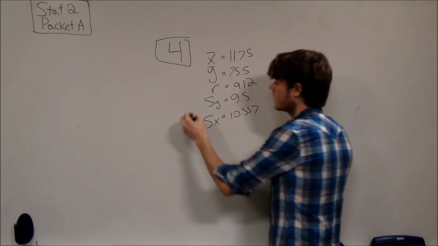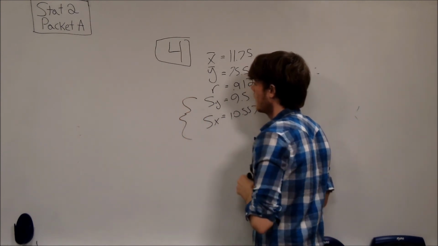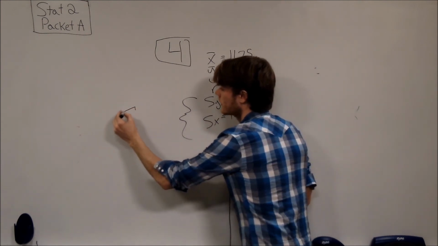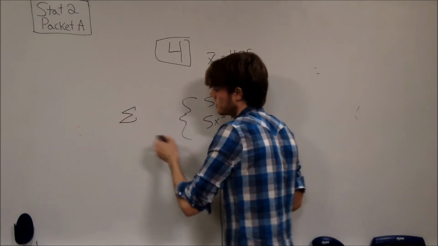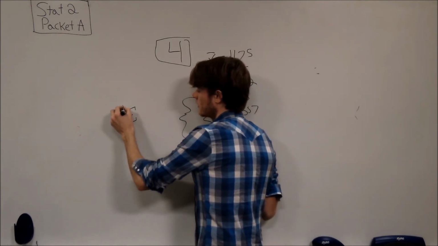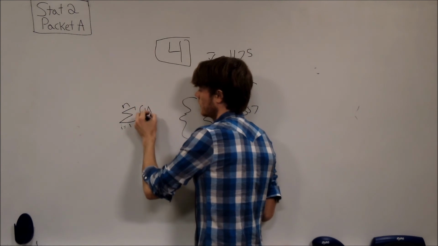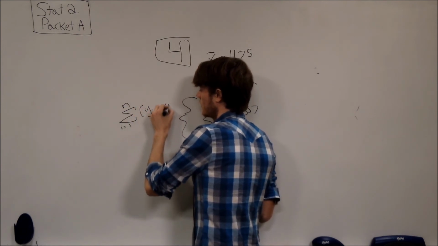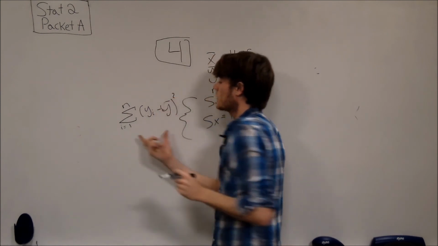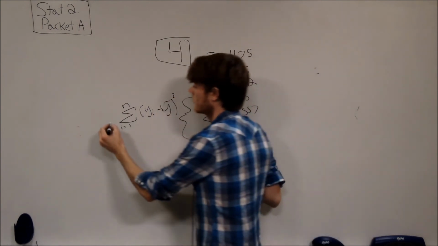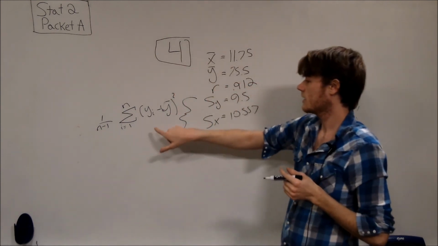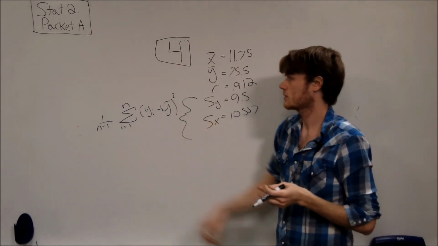Now, if you wanted to find either of these, you would have to do, and I'm not sure if you're going to have to do this, but okay, so what this is saying is, this is a scary notation, understand that.